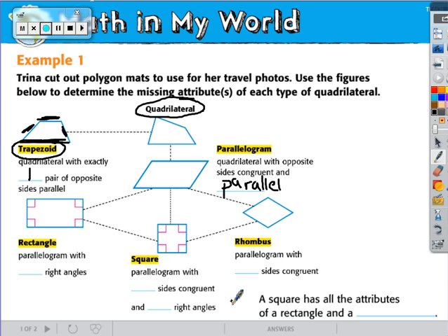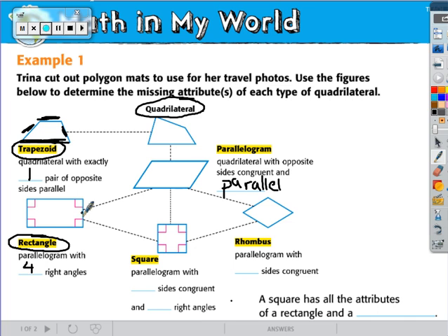We're going to start off over here, our rectangle. This is a parallelogram with how many right angles? 4 right angles. So that means our rectangle is a quadrilateral with opposite sides that are congruent.